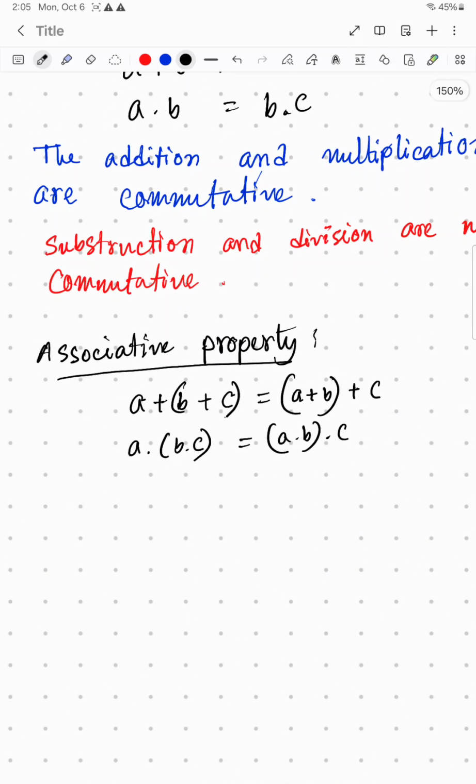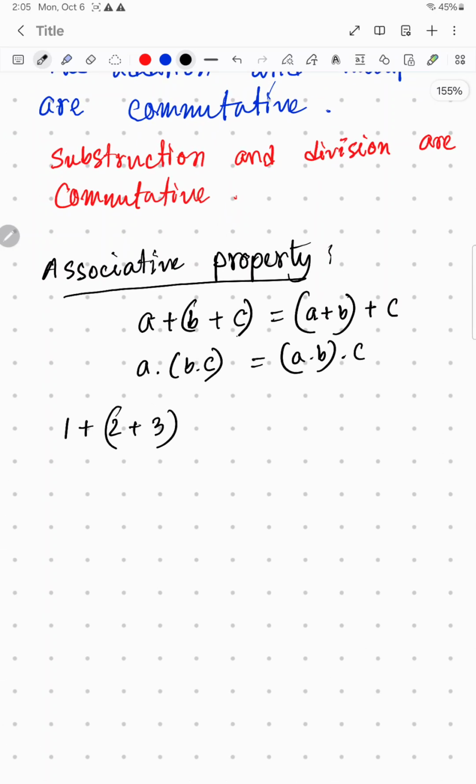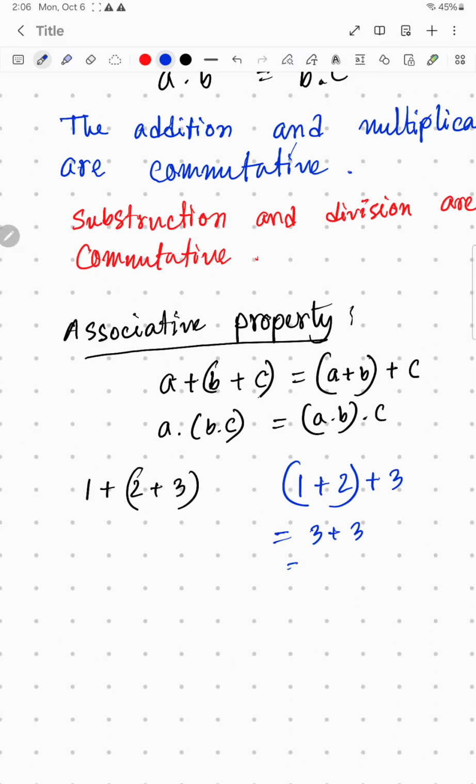How? Let's do an example. Let's say 1 plus 2 plus 3. Okay, now if we do this, what do we get? We get 3 plus 3 or 6.